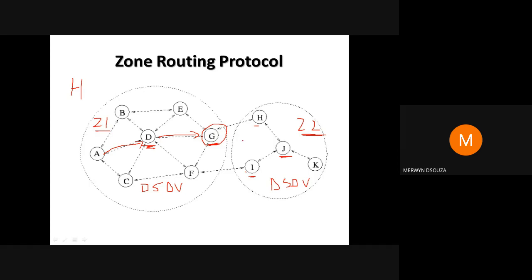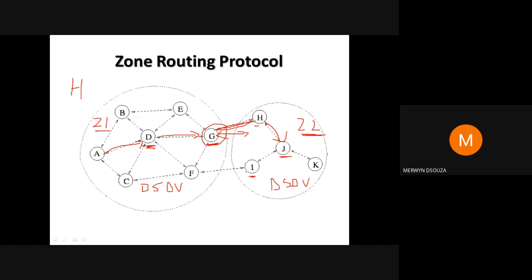It will discover the route as per the need, on demand. So for communication between two zones you will use a reactive algorithm. As per that algorithm, maybe it finds the shortest route is from here, it will send the packet to H, and then the packet will be delivered to J.